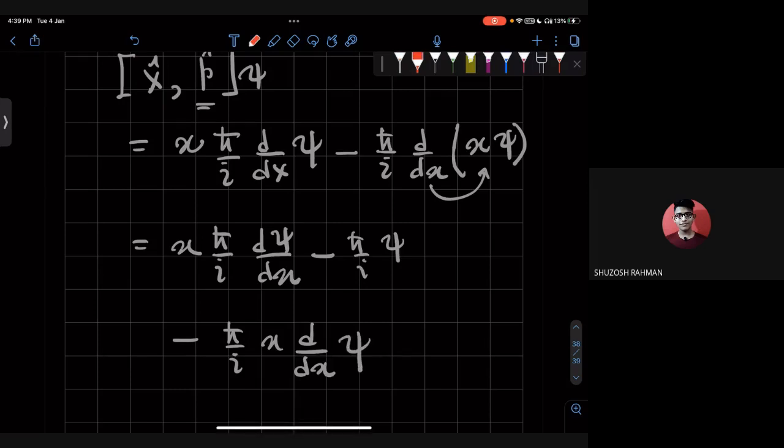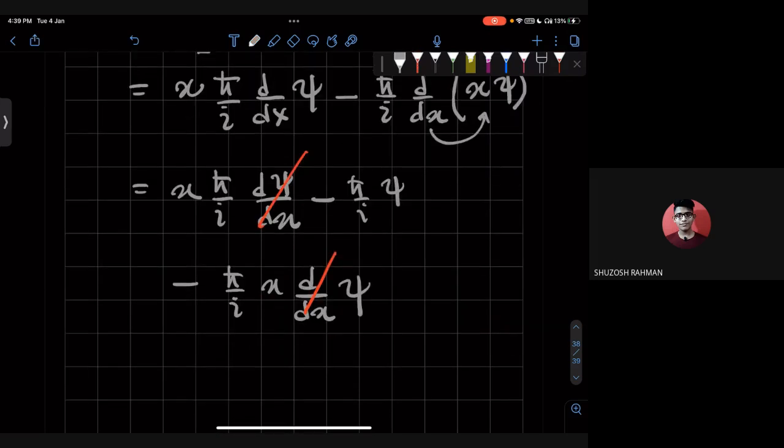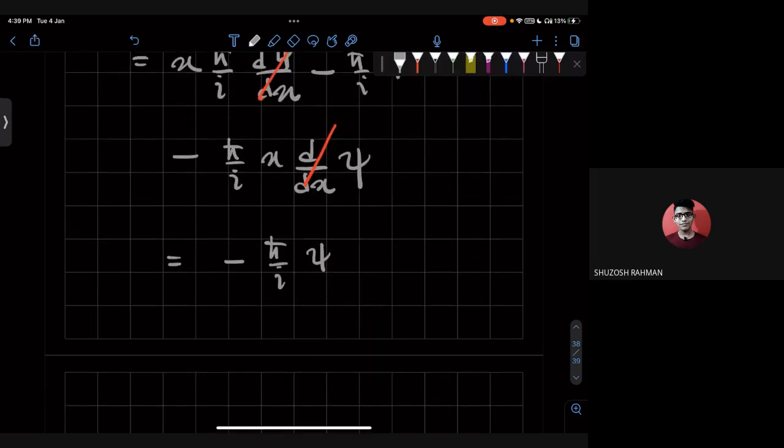These two terms cancel out, so we have left over minus h bar over i of psi, which is i h bar of psi.